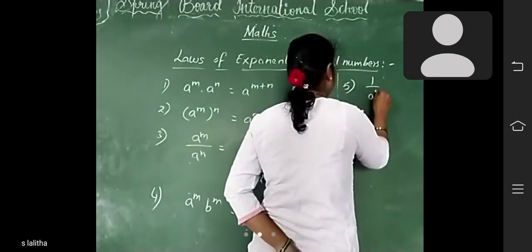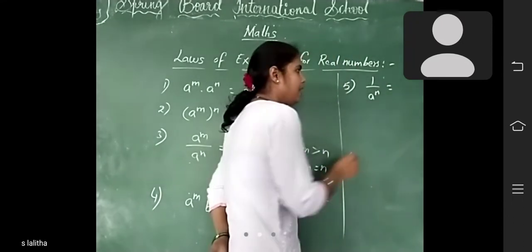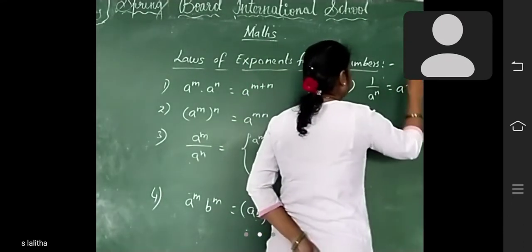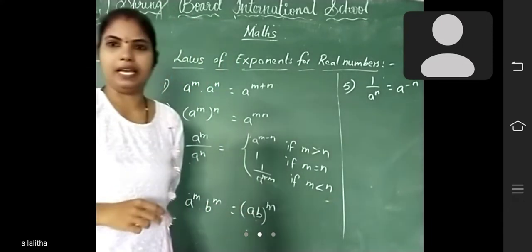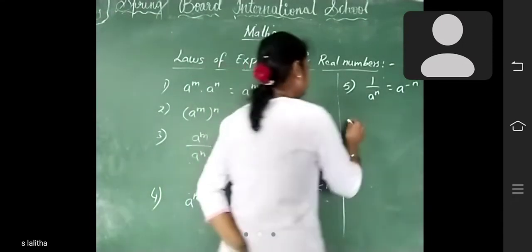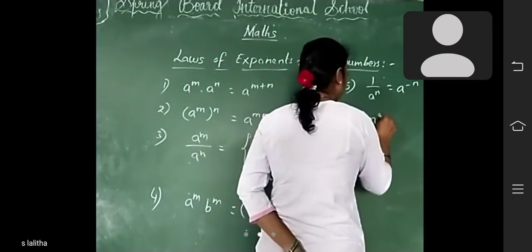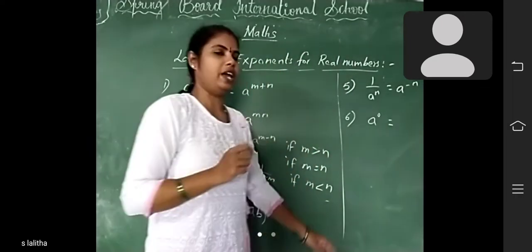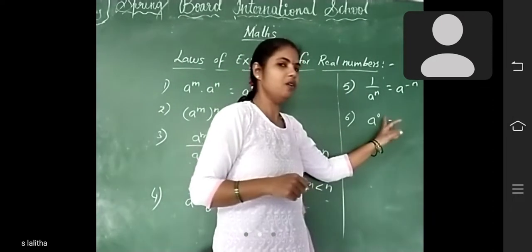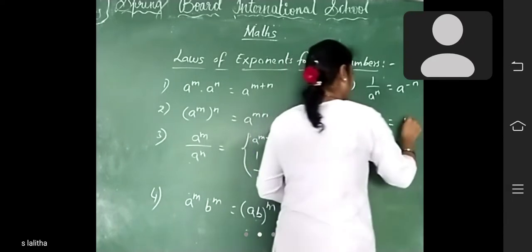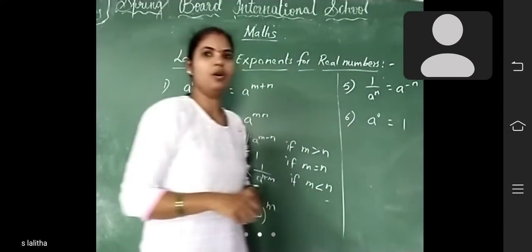How can you write this one? a power minus n. And next one, a power 0. If you take any power it is 0, we'll get answer 1. a power 0 is equal to 1.